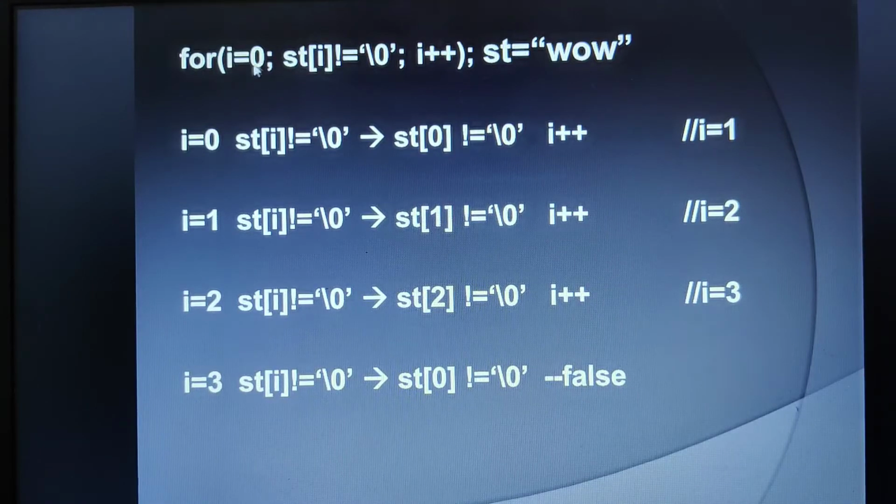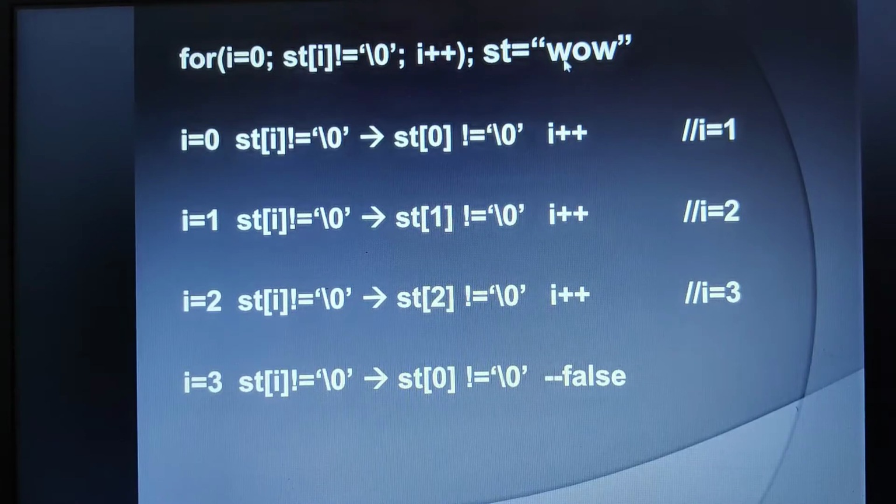Initially for i equals 0, st of i. Listen here, since a string is an array of characters, the first one is at the position st of 0, then st of 1, st of 2. Since it is an array of characters, we know that the array always begins with 0, isn't it?